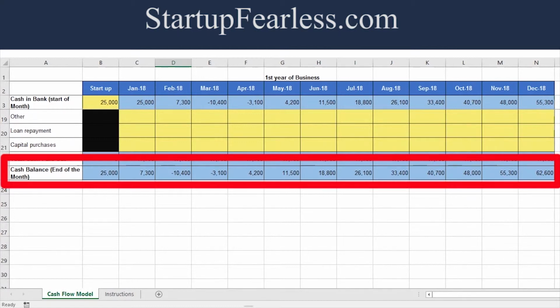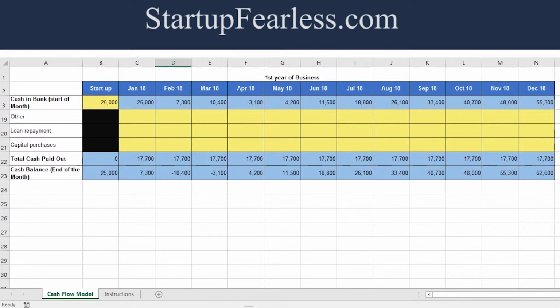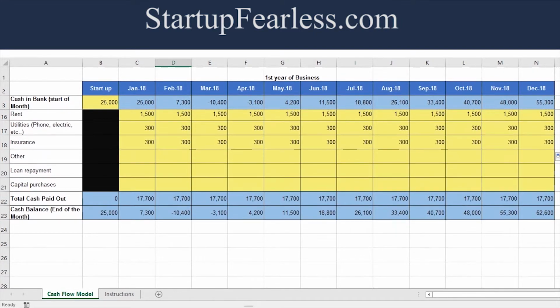Month 3 is $3,100 negative cash flow. Then we start to see the cash flow problem disappear, and our cash flow position actually strengthens as we go throughout the year. The reason for this is because when we started, we didn't receive payment for the 2 months. That was where we had the major cash flow issue.